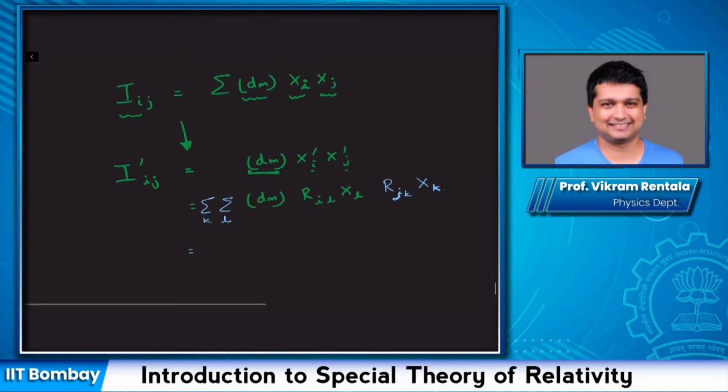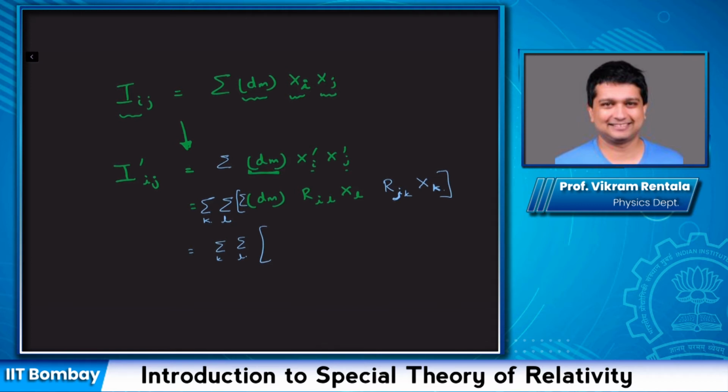If I write this out, I can write a summation over k, a summation over l, and there was previously a summation over the masses, and I can interchange the order of these summations. I can do the summation over masses first and then do the summation over the indices k and l.